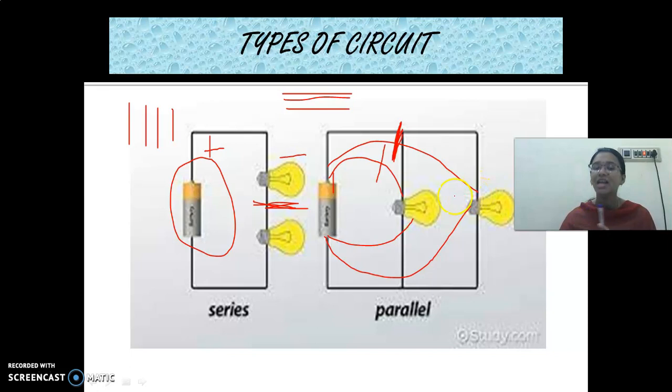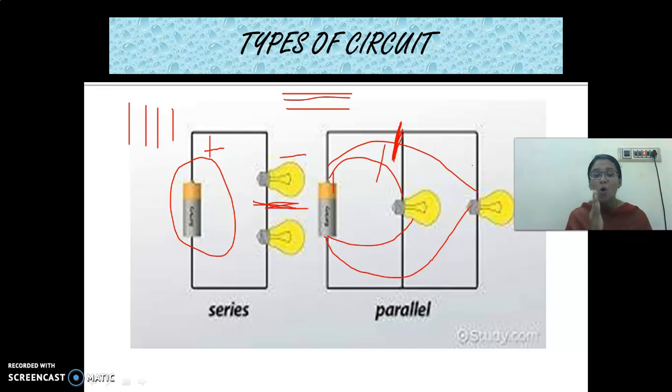Yes or no? But here, if one bulb does not glow, the other one also will not glow. Whereas here, if one does not glow, the other one can glow. Consider your friends are standing, one nearer to the other. I am giving you a ball and asking you to pass it to the last person. So you need to give the ball to whoever is nearby. If one person is not there in the middle, what happened?